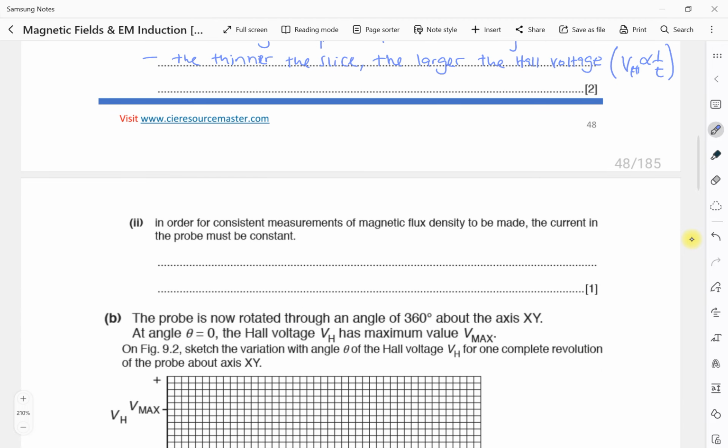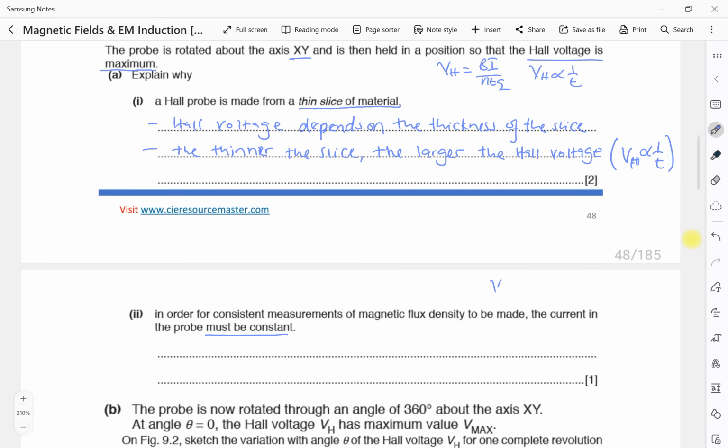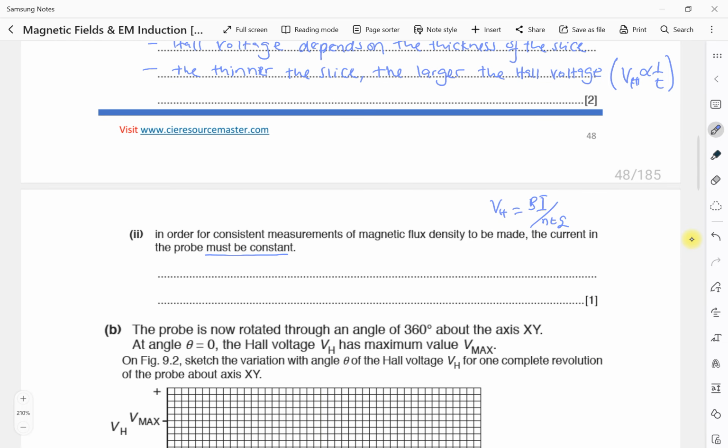In order for consistent measurements of magnetic flux density to be made, the current in the probe must be constant. I've already mentioned that V_H is equal to BI over ntq. If I is not constant, then it means V_H is going to be affected. So we say Hall voltage also depends on the current in the slice.